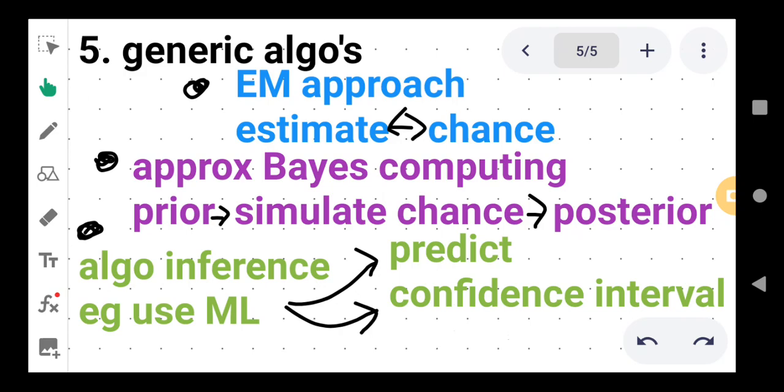But I just want to bring your attention to the fact that they can actually use machine learning algorithms to do statistical inference. That means they can use machine learning algorithms to calculate, for example, the 95% confidence interval of the average age of the U.S. population. I'm not going to go into the details. There are so many very well-known, very famous machine learning algorithms like decision tree and support vector machine, and if you're interested, you can look up all those.